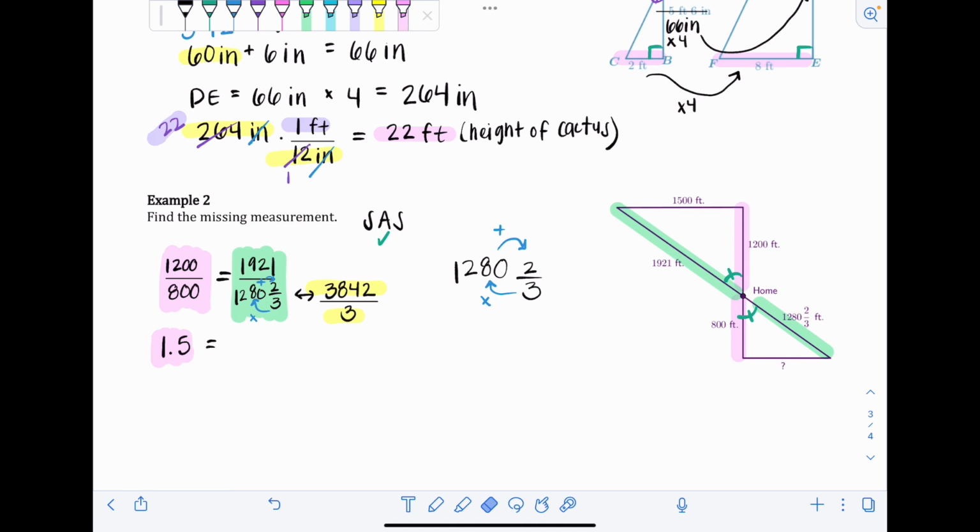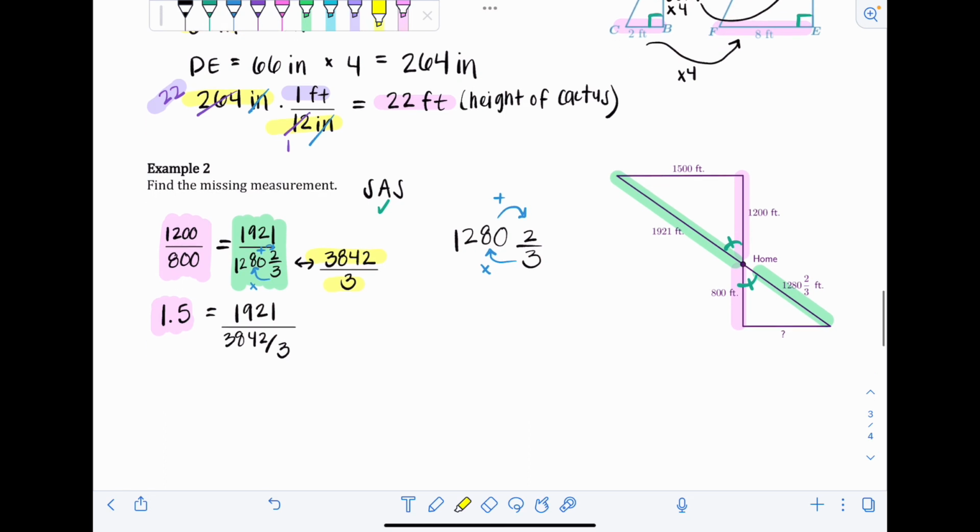Okay, so I'm going to go ahead and replace that 1,280 and 2/3 with that improper fraction. So it's going to be 1,921 over 3,842 over 3. So now we have something called a complex fraction. You're like, yeah, no duh, it's complex. So when you have a fraction over a fraction, remember that fractions are dividing.